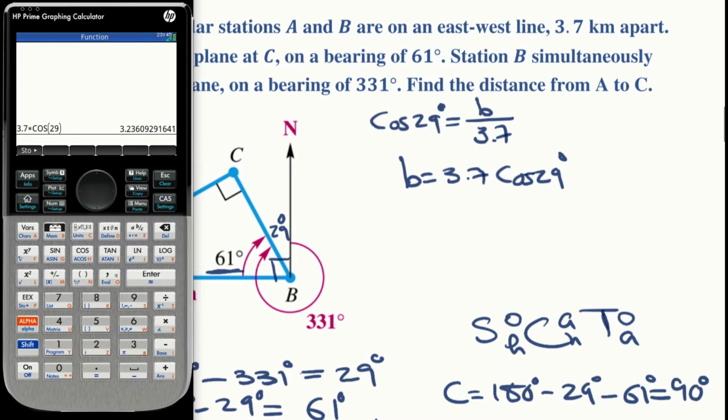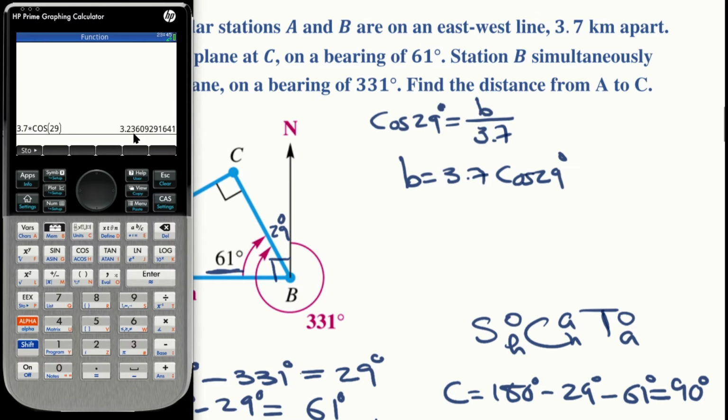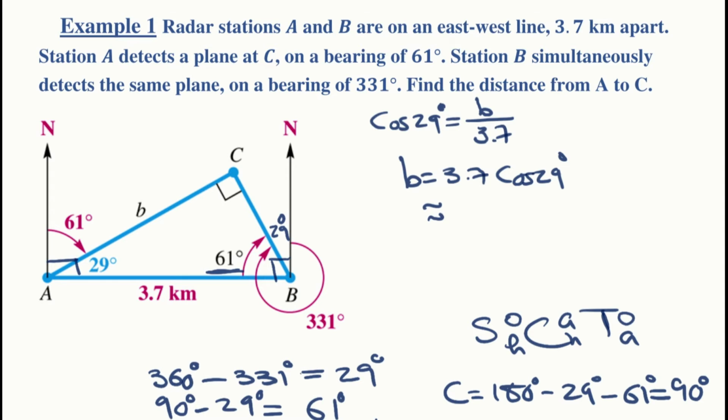Unless there are any rounding instructions, which we don't have, we'll just go ahead and round it to the nearest tenth. So we get approximately 3.2 kilometers is B.